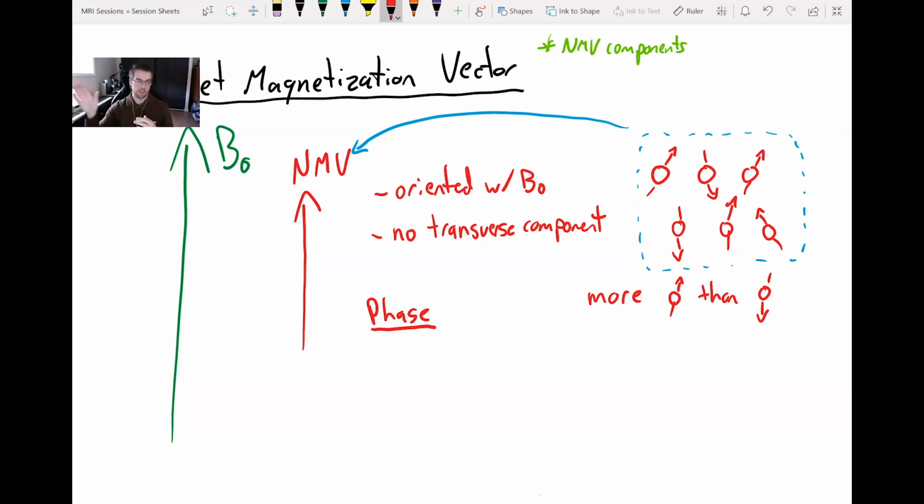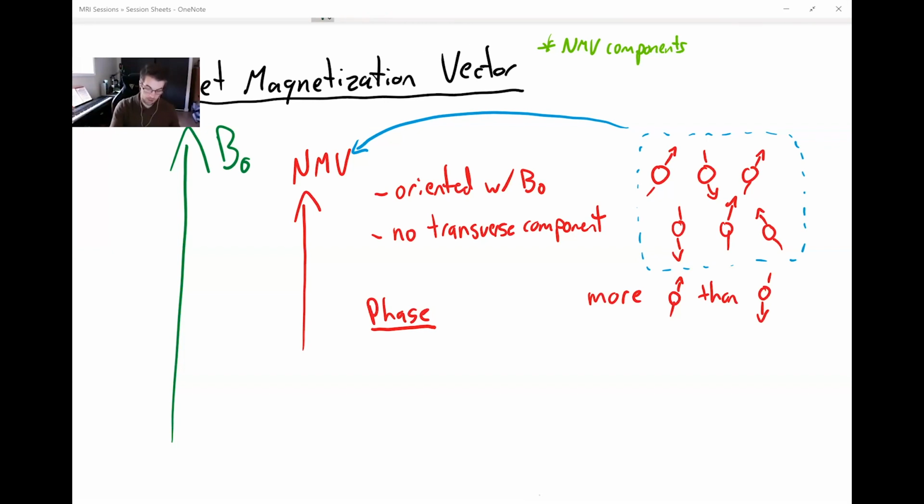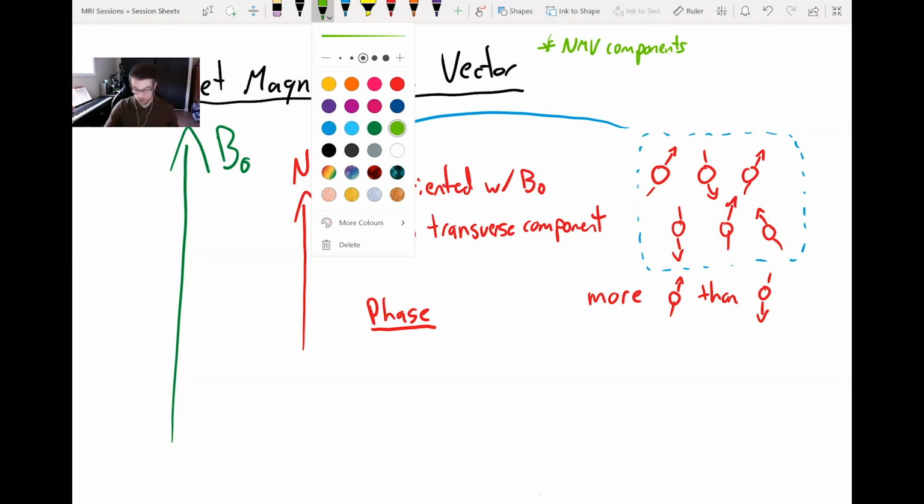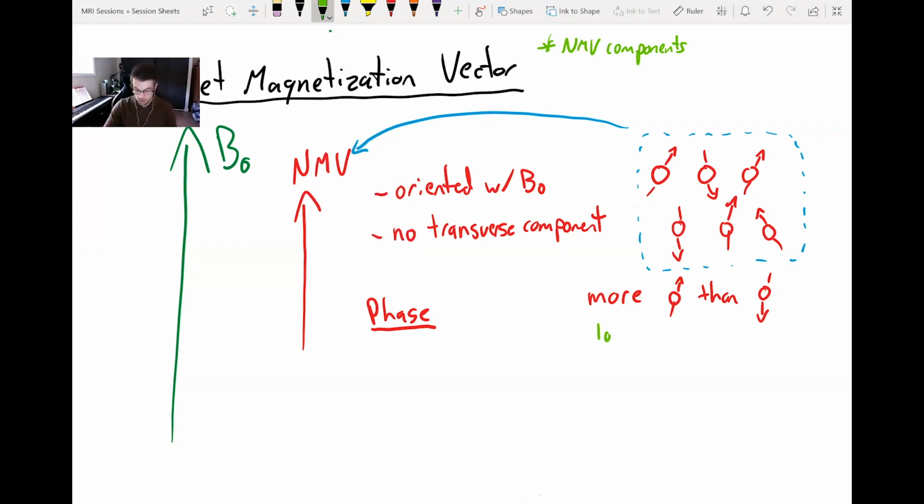I'll go to the next lowest energy state, which is oriented with the magnetic field, but in the opposite orientation, which is downwards. So I'll explicitly write that out so we have it in our notes when I eventually share this stuff with you. Oriented upwards is a lower energy state than oriented downwards.